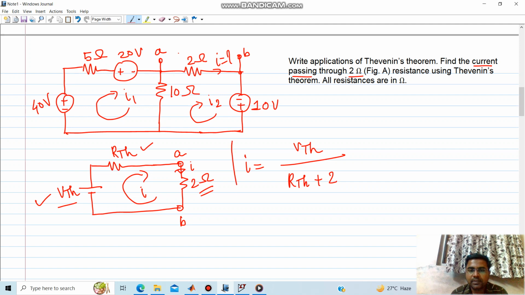So in this way we calculate the current. It is very clear that firstly we have to figure out V Thevenin and R Thevenin.